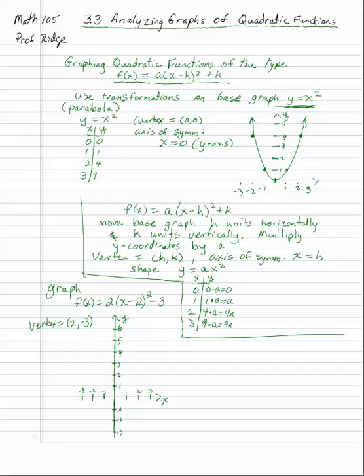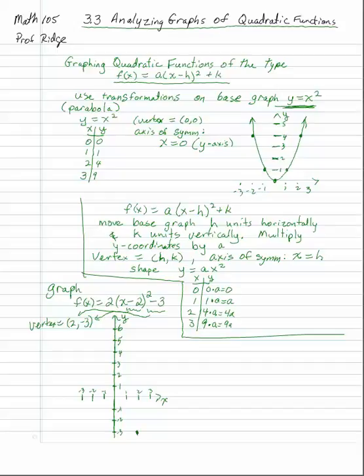And then if you look in the formula, you got plus k, and the vertex is just k, so it's the same sign. So x - 2 becomes positive 2, and then the minus 3, you leave it, so you get -3. So our vertex is at (2, -3), so I'm going to put a dot there.